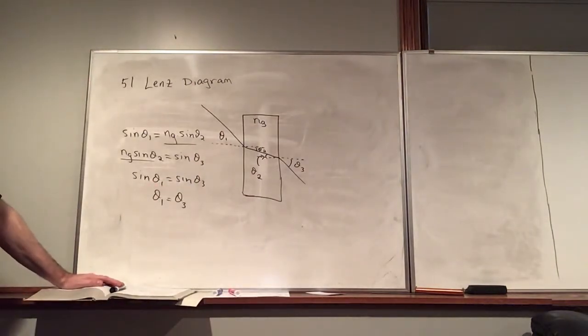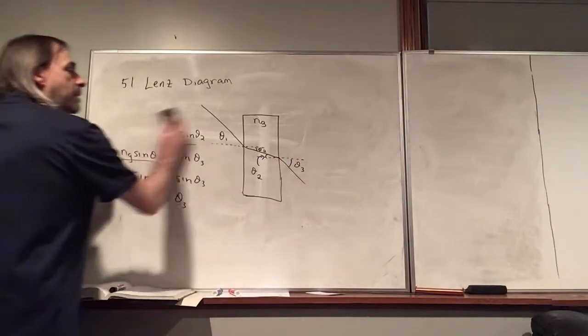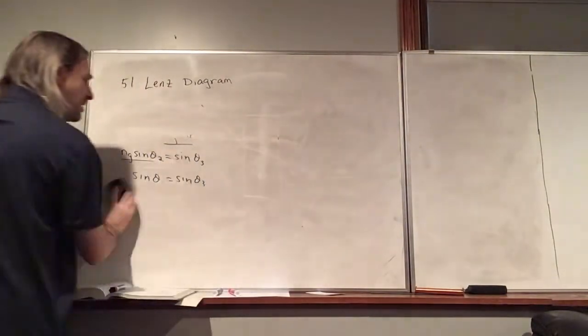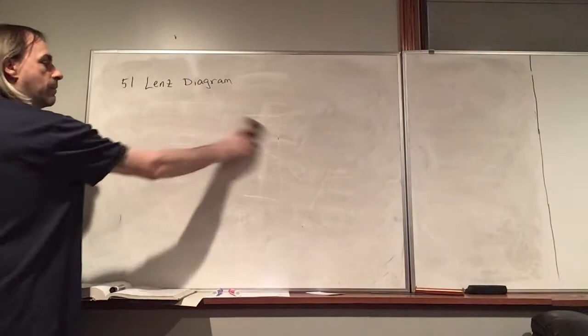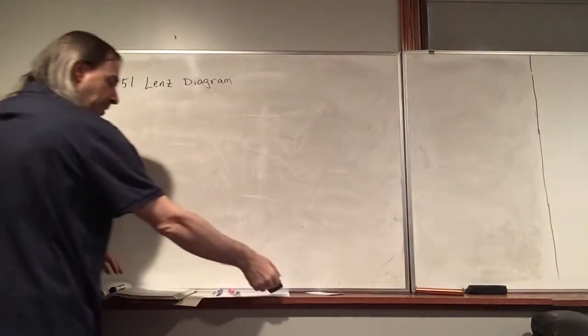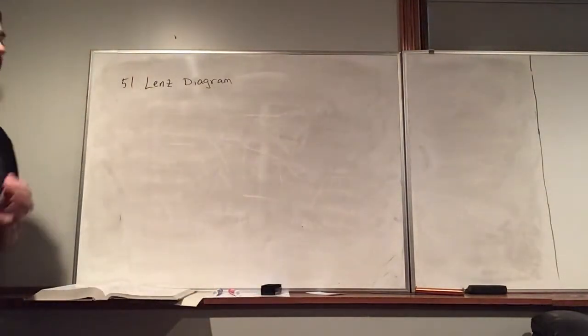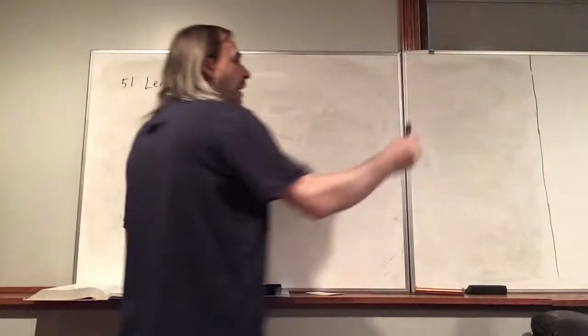Now, what if we have a curved glass surface? We can use that to focus light. We're going to look at two main types of lenses. I think I'll draw it off to the side.